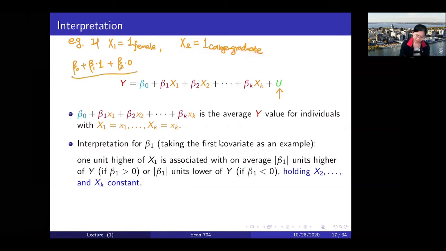Then this is the average y value among the population, the expected y value for female non-college graduates.